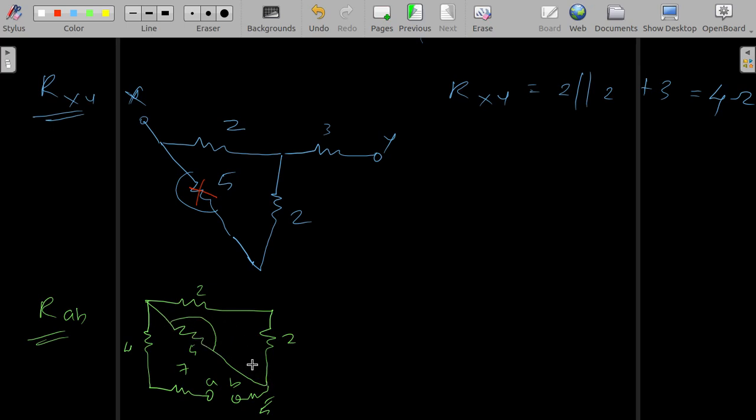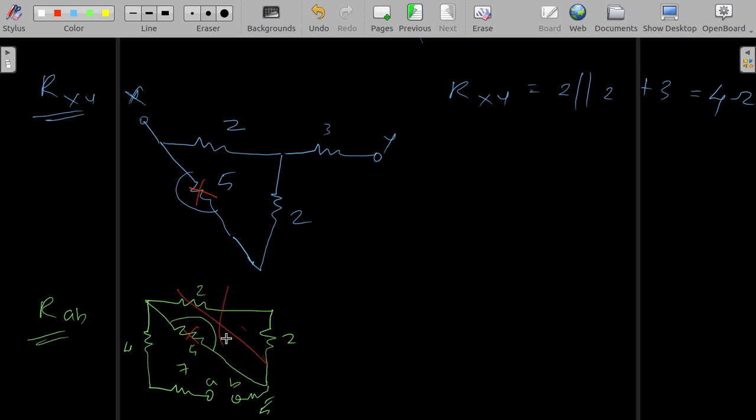This is a short circuit. It means this point and this point are the same. There is no potential difference between this point and this point, that is, no current will flow through this branch. So this whole branch is effectively useless.